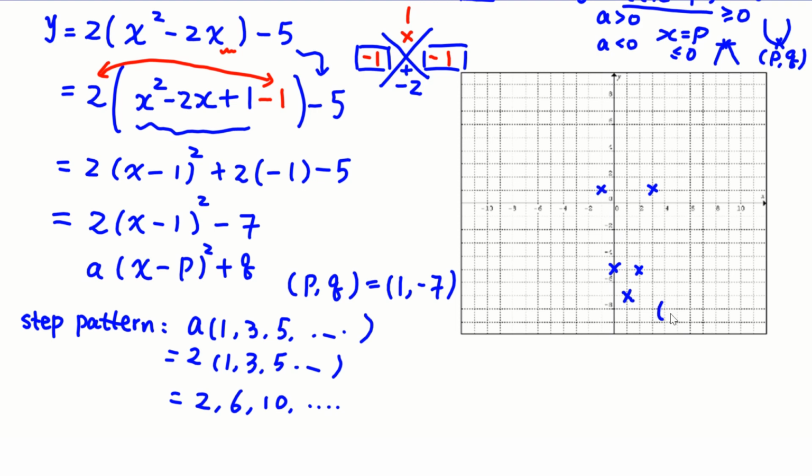So if we label the coordinates, the vertex is (1, -7), the second point is (2, -5), up 2 from -7, and right one is 3, up 6 is +1. And the same thing to the left: (0, -5), then left one is -1, then up 6 is 1. So you have the 5 points, you can connect them.